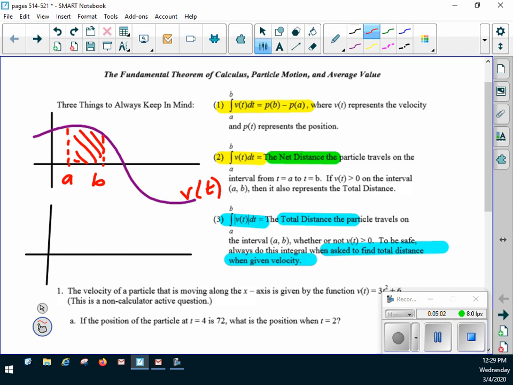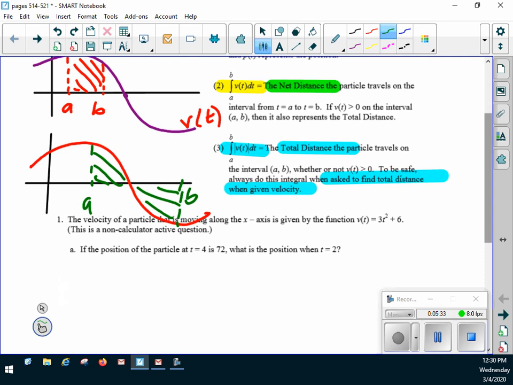And then let's take the same function and change direction. It will go to negative y values. Negative x values are over here. If my a and b are here to here, and I find this, is that net distance or total distance?